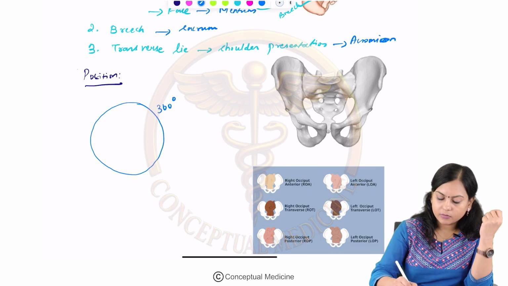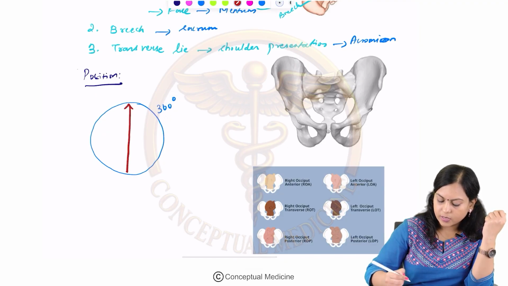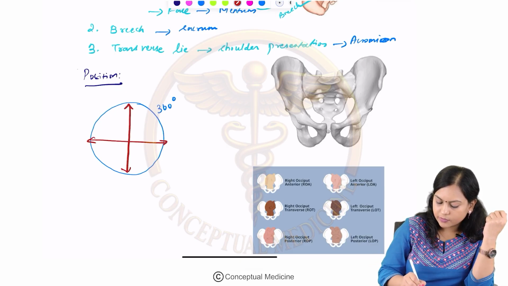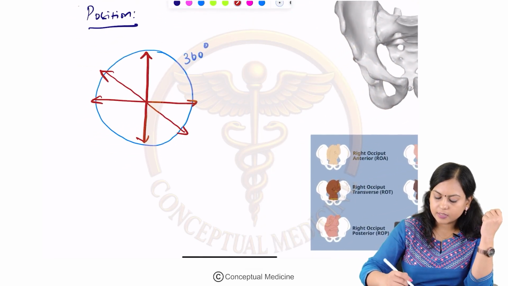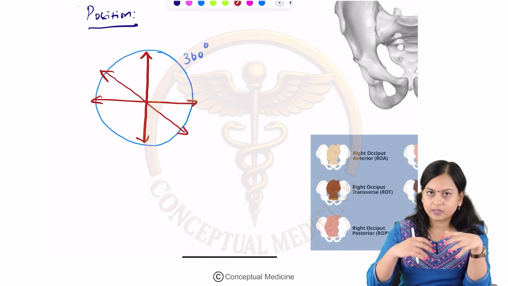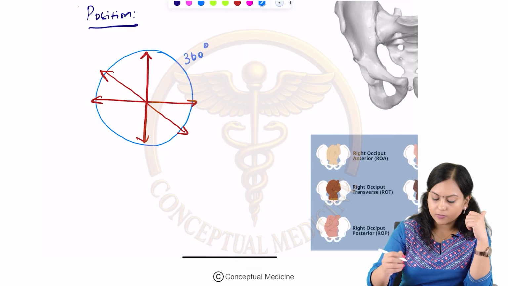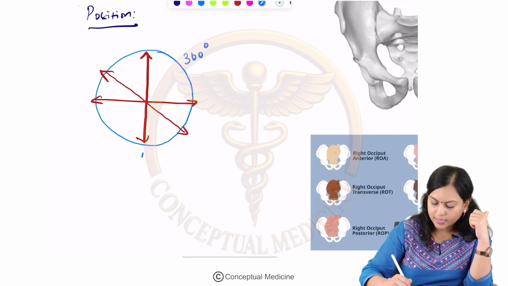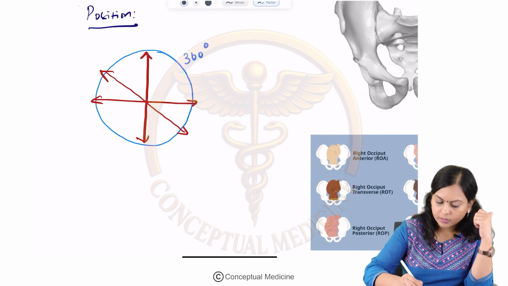Now we can divide the pelvis into various quadrants, with anteroposterior, transverse and oblique diameters. With these various diameters, the fetal positions can also lie. So this is basically an anterior position of the pelvis.